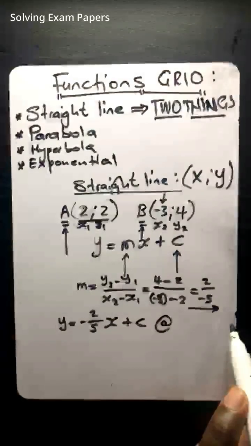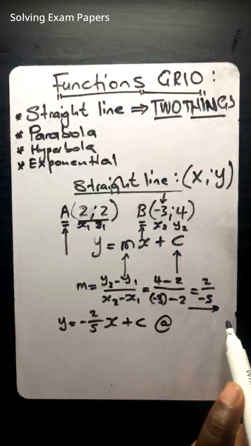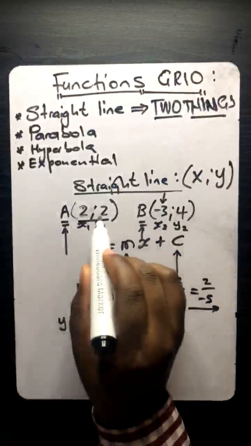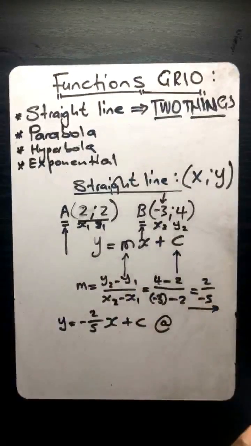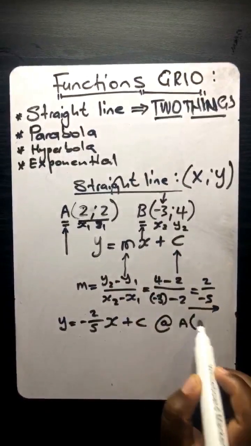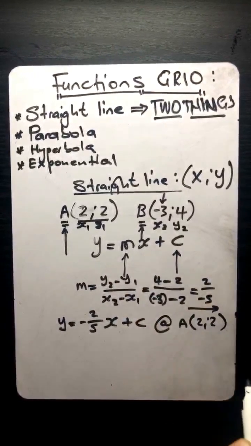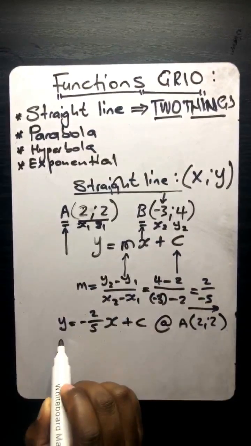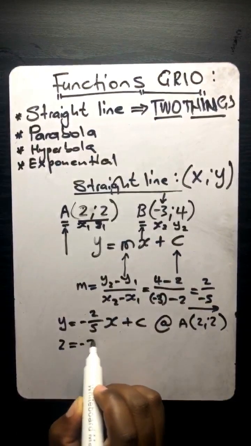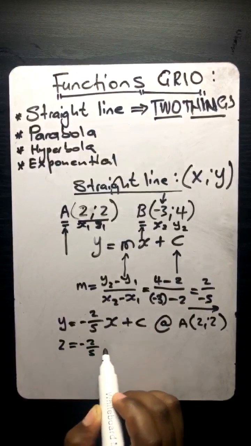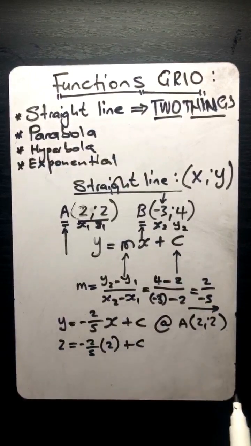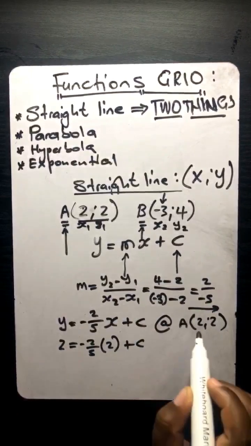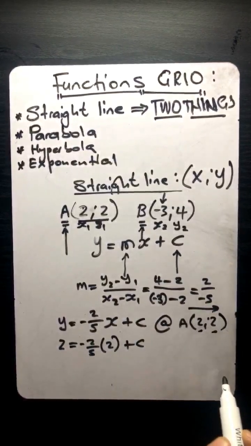If it has a negative, let's say you have this one having 2 negatives, this one having 1 negative, take the one with few or no negatives, because you won't easily make a mistake. And you see, you take that 2, you put it where you see y. You say negative 2 over 5, you put 2 where you see x, because there x is 2 and then y is 2.